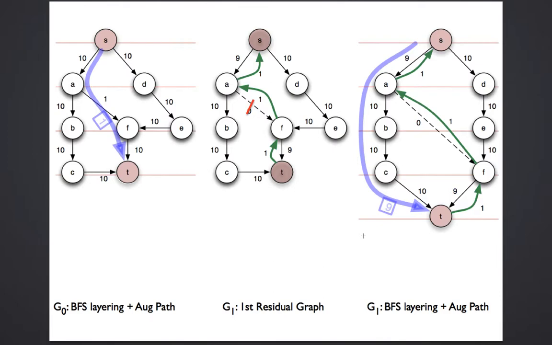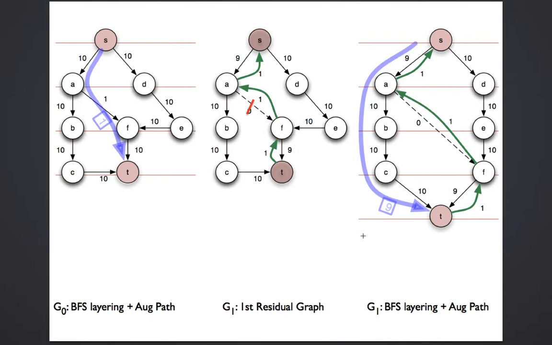We can find that augmenting along the shortest path only creates longer paths. If we push flow along this path, then we will have reverse edges along this path.